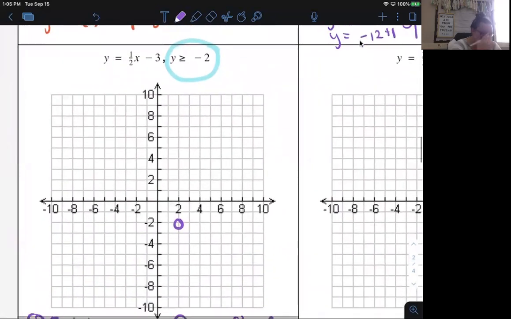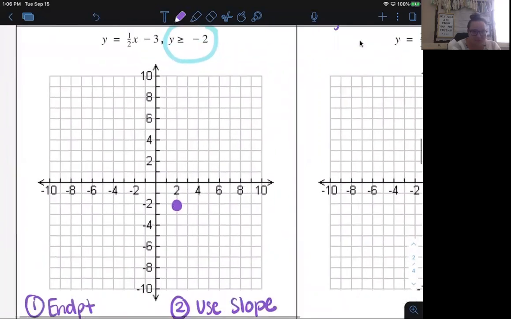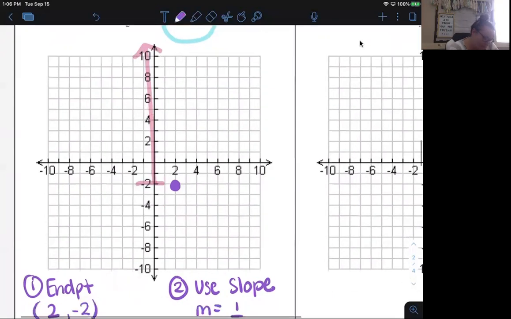Let's see, y is greater than or equal to -2. So it's a closed circle. So we want all the y values that are greater than or equal to -2. So we want all the y values that go basically up. We want the portion of our graph that extends towards positive infinity. So I'm going to use my slope, 1/2.